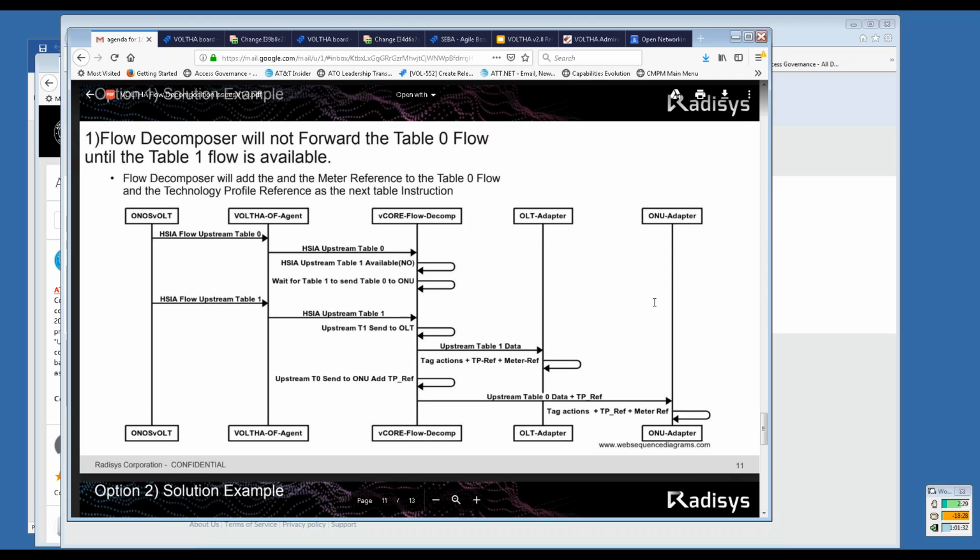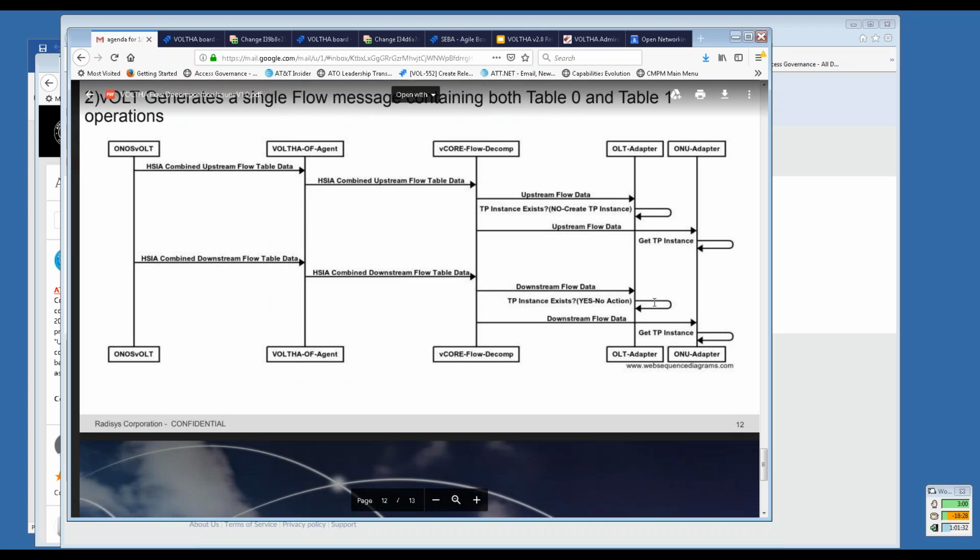If table 1 isn't available, it doesn't send it. Once table 1 comes down for that flow, it looks it up, sends it off to the OLT adapter in this case, and then checks to see if table 1 was referenced by table 0. If it was, it overrides the table 1 reference in the message it sends to the ONU adapter with the technology profile reference. If we go to the next one.